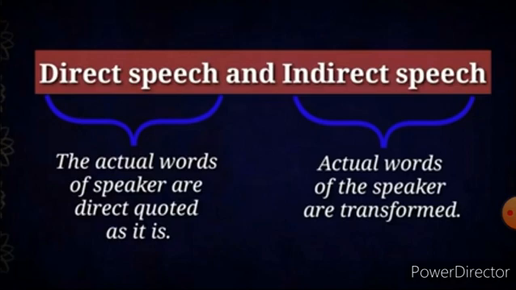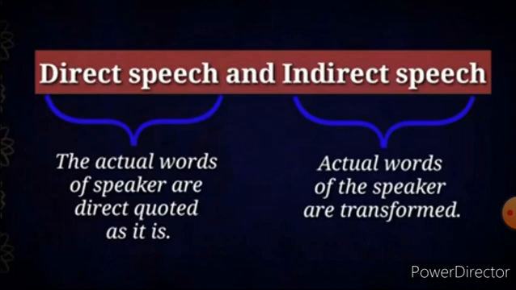So the actual words of a speaker are directly quoted as they are, repeated exactly as they were, usually in between a pair of inverted commas. That is known as direct speech.